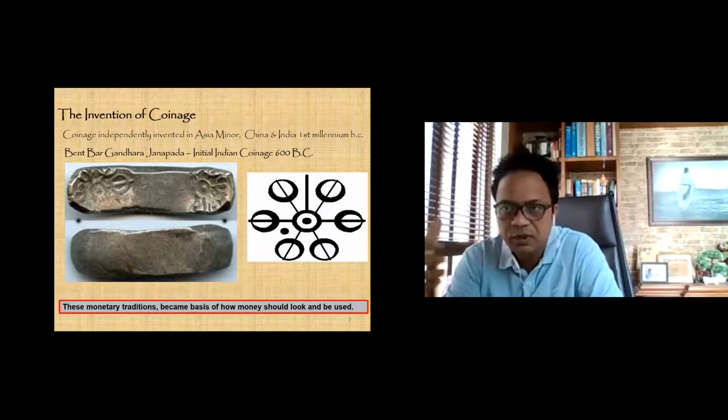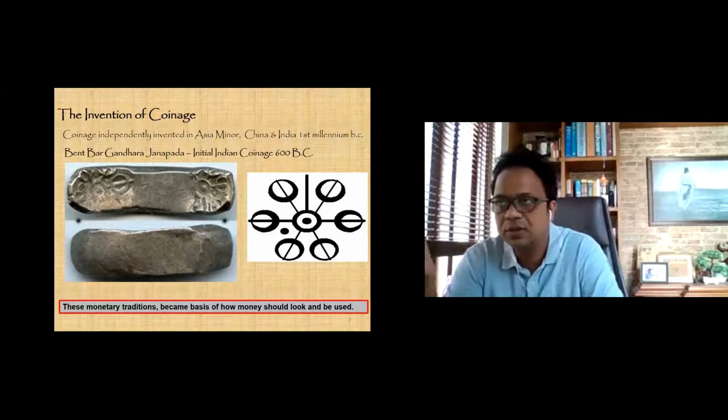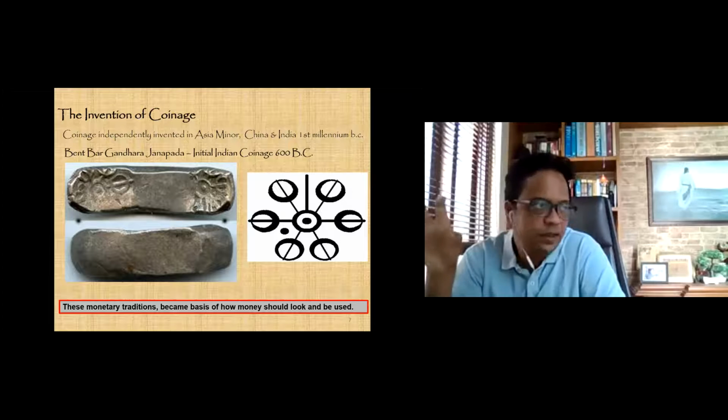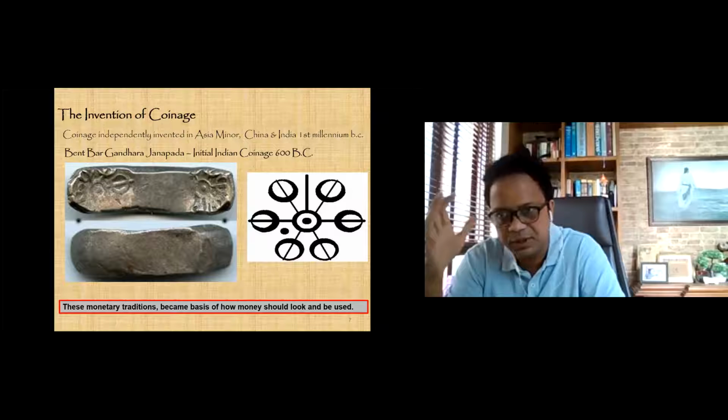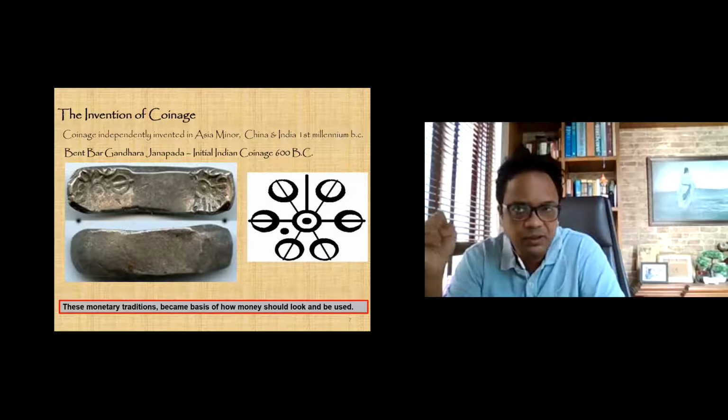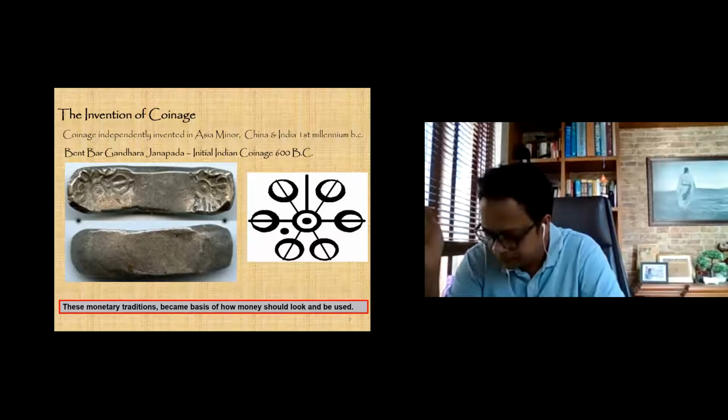Can anyone tell me, when you hear this coin is called the bent bar from Gandhara Janapada, where exactly Gandhara is famously referenced? Typically somewhere in the scriptures. Can anyone tell me Gandhara? Mahabharat.